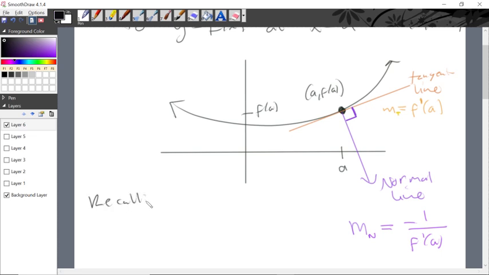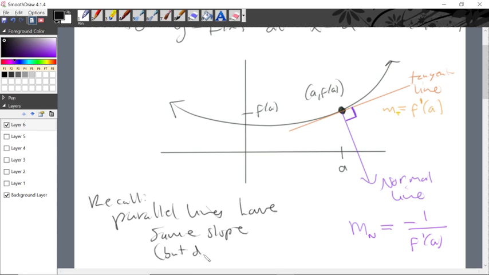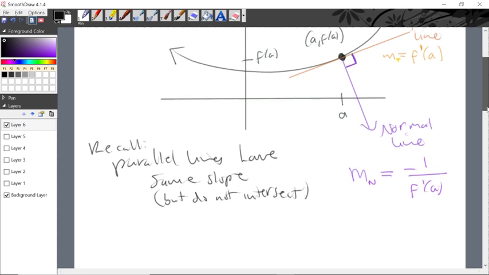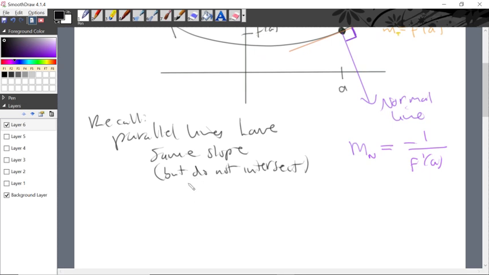So recall, first, how about parallel lines? Parallel lines, okay, are lines that have the same slope, but do not intersect. Now, by the way, two lines that have the same slope and intersect would in fact be the same line as each other. And if they're the same line as each other, they're not parallel. So that's why I make that note. So parallel lines have the same slope, okay?